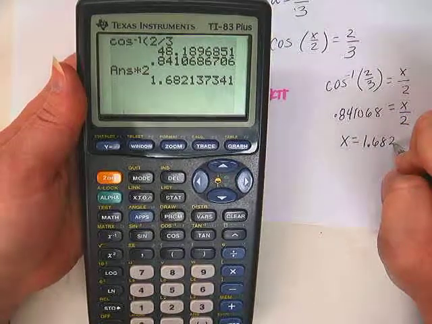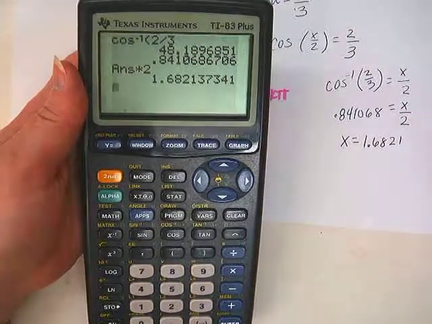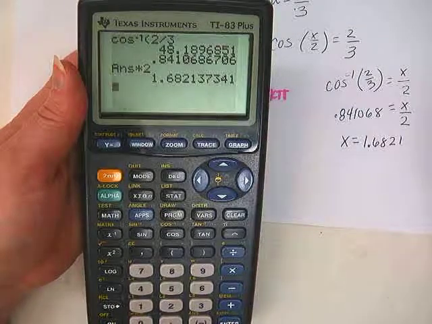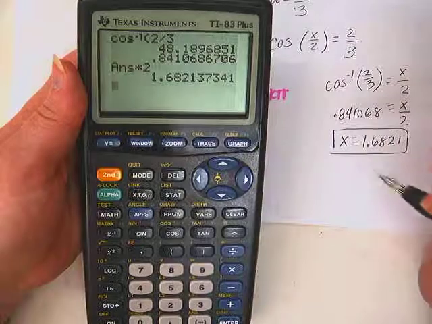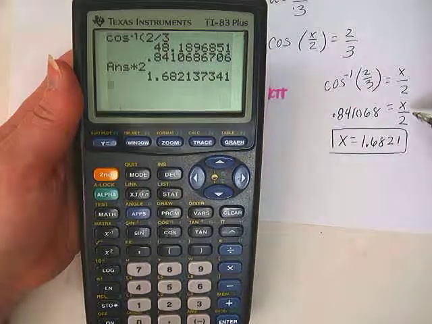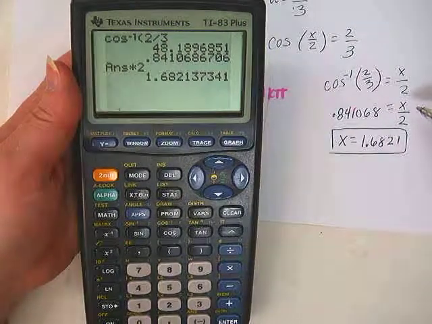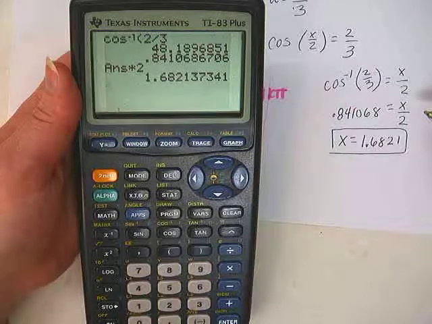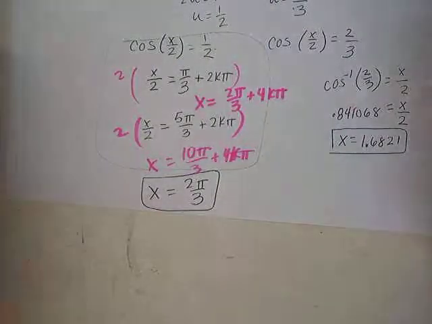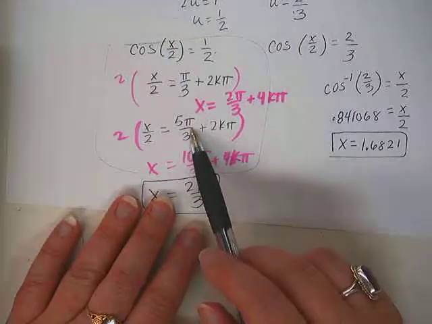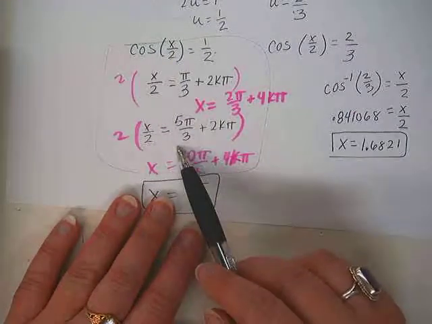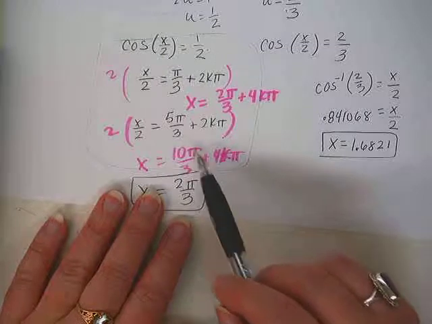So then how do we find x? X will be by taking this number and multiplying by 2. So 1.6821. Now, do I need to worry about a quadrant 4 answer for that one?